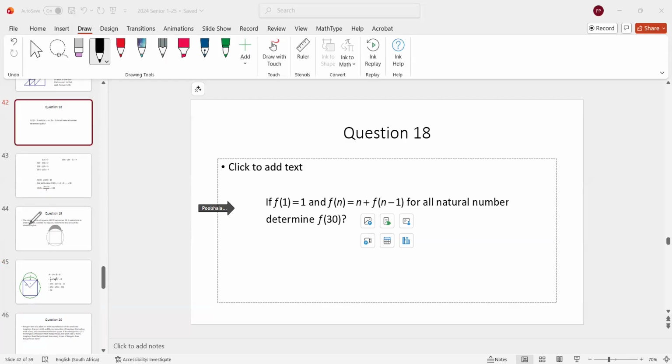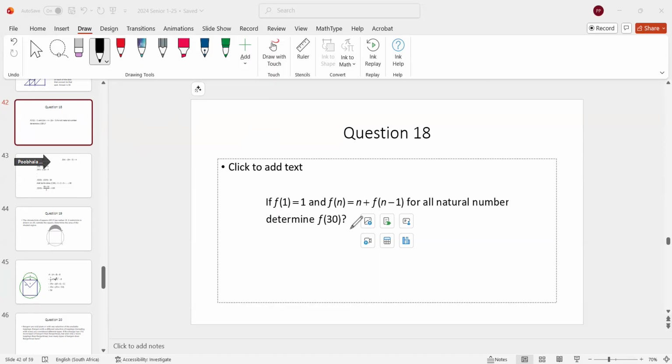Okay, I just want to get rid of this thing here. Now, f is a function which assigns to all natural numbers some number. Let's have a look at what this function is doing.